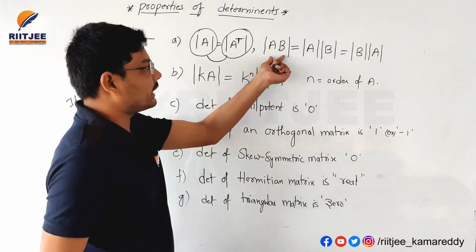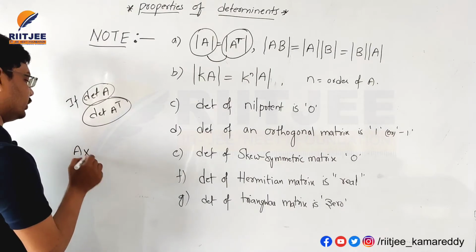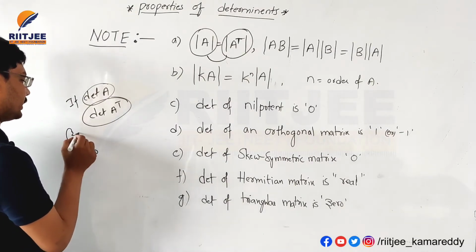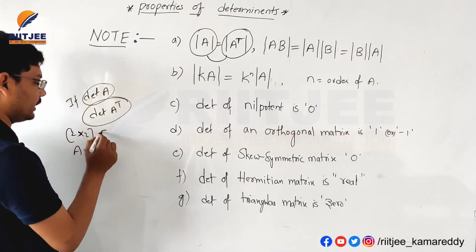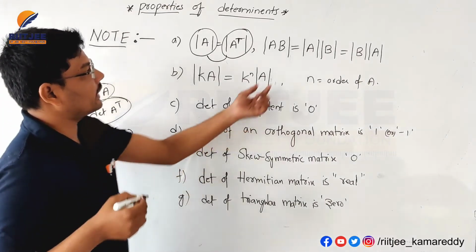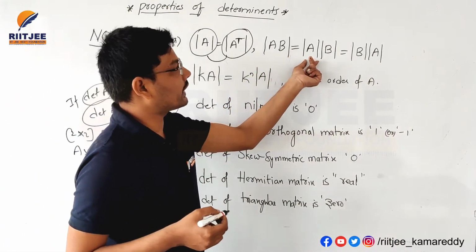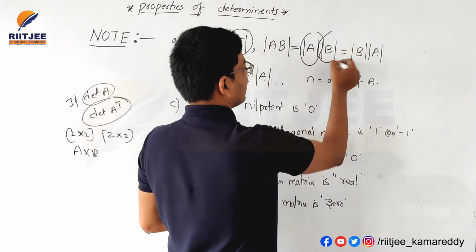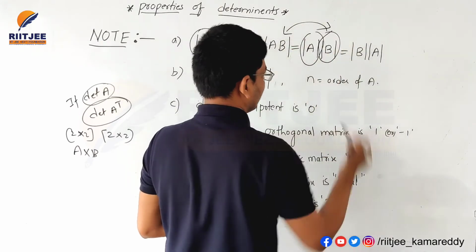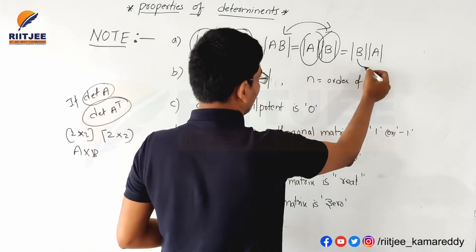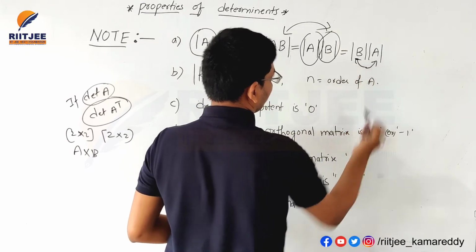And if you multiply any two matrices here, A into B, if you take any 2 by 2 matrix A and 2 by 2 matrix B, if you multiply any two matrices, you can find the determinant also, their product is also equal here. In the same way modulus of B and modulus of A also.